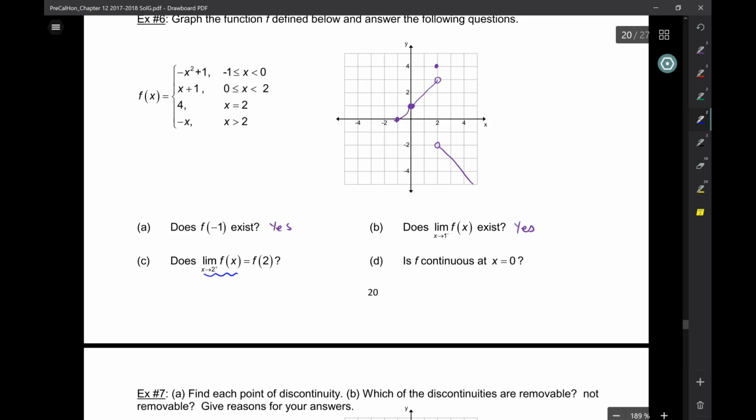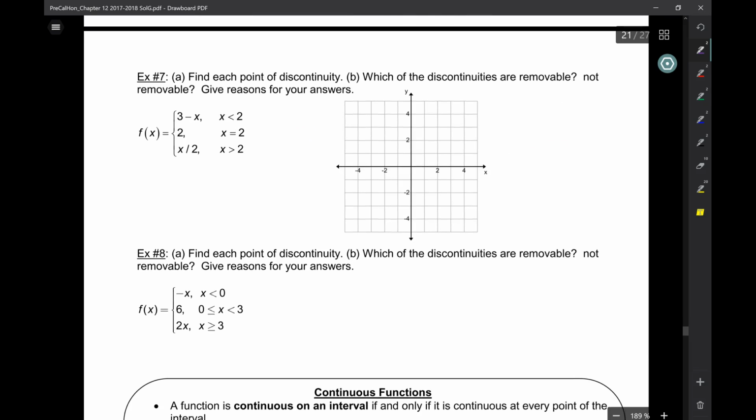Well, what's the limit as x approaches 2 from the positive side? It's negative 2. And what's f of 2? 4. So it's a no. Is f continuous at x equals 0? Yes, because it's going this way, so it's here. You only go from the one side.